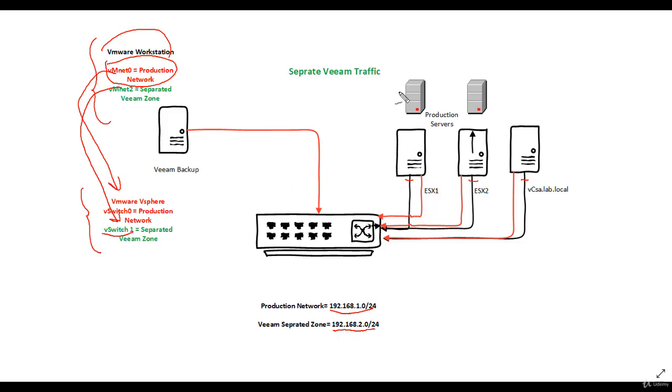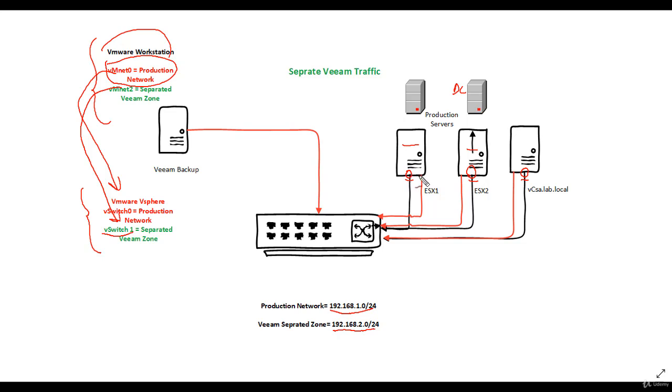And here in your production environment, you have, for example, a mail server or something like a DC server that is hosted by these ESXi hosts. That's okay. So for your production environment, you have vSwitch 0 pointed to your network interface card here.